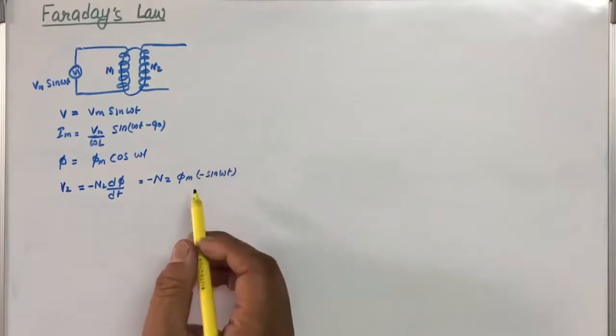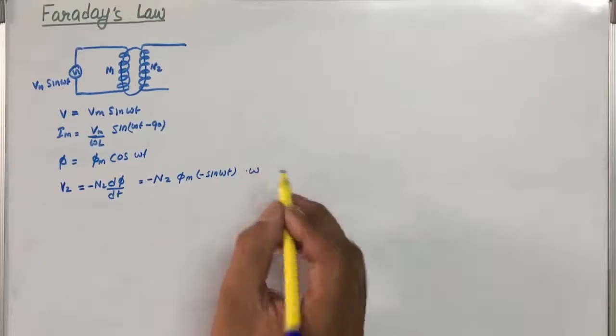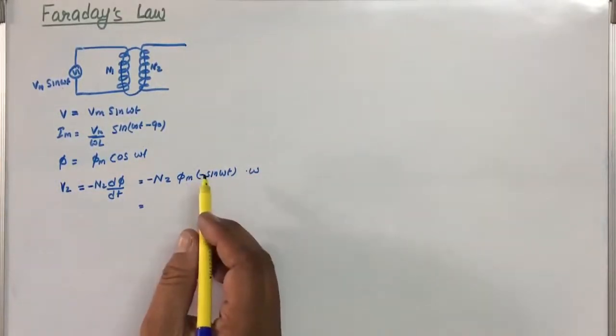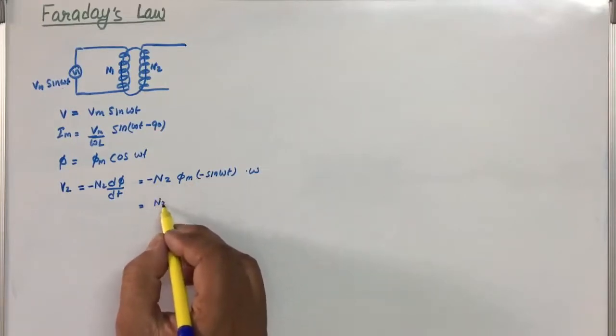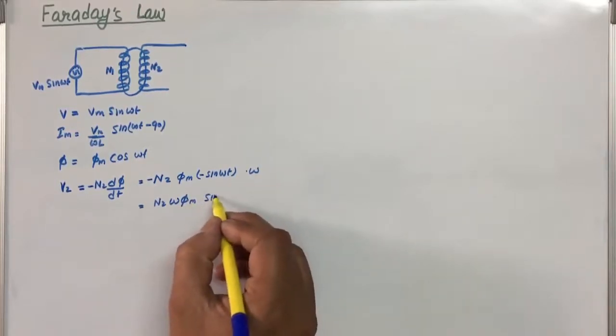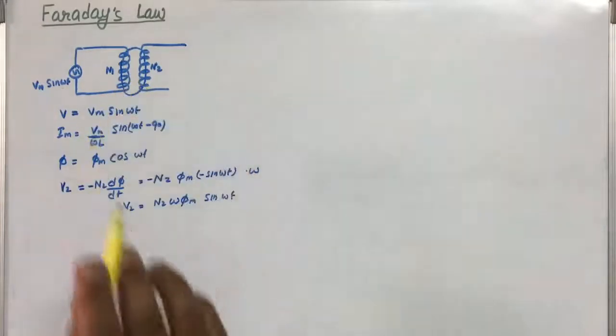As we are differentiating with respect to time, omega will also come out. So if we simplify, this minus and this minus will be plus phi m omega sine omega t. This will be the EMF induced in the secondary winding of the transformer.